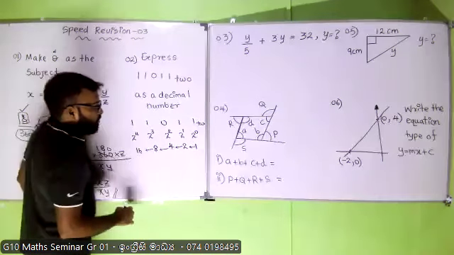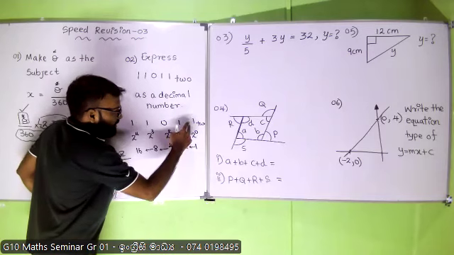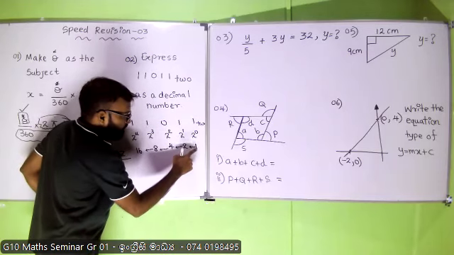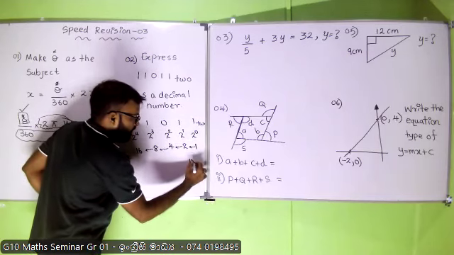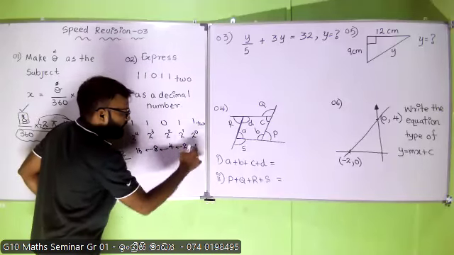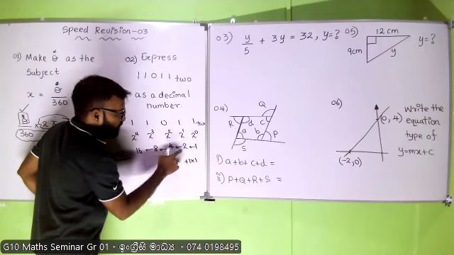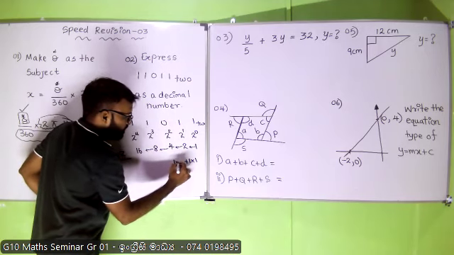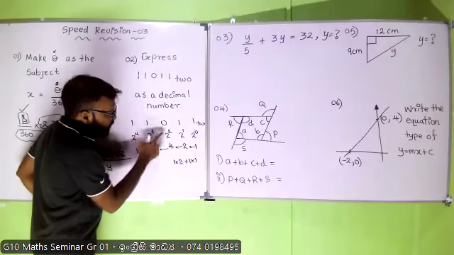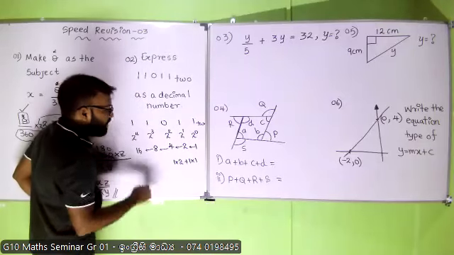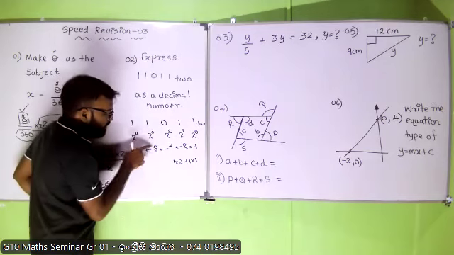So now I can write 1 times 1, 1, plus 1 times 2, 0 times 4, no need to do that, 1 times 8.